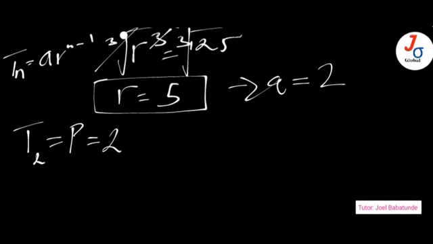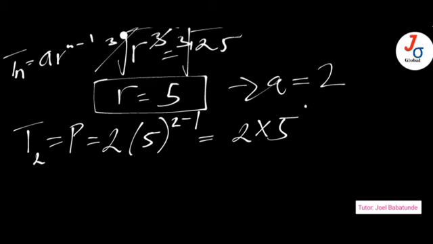What's our R? Our R is 5. What's our n? Our n is 2. That's what we're solving for. And so that gives us 2 multiplied by 5 raised to the power of what? 1. That's 2 minus 1 is 1. 2 times 5 raised to the power of 1 is 5. 2 times 5 is actually 10. So P equals 10.